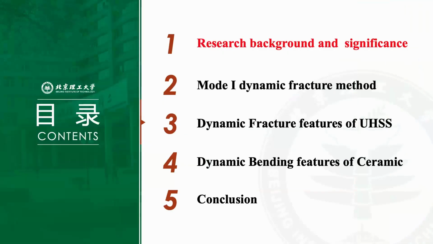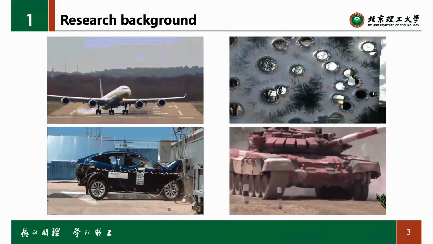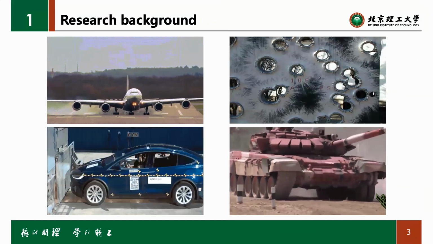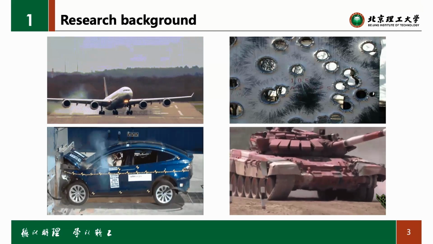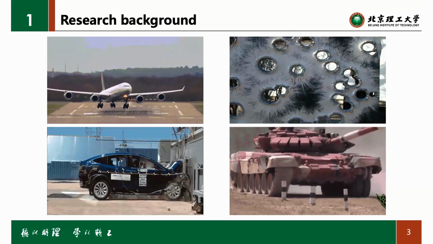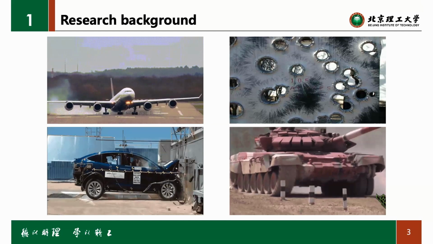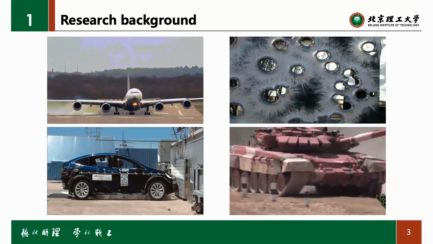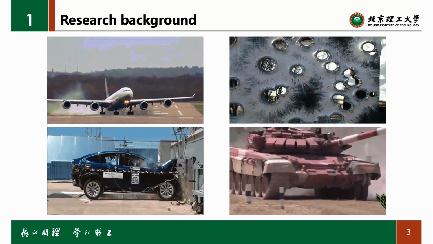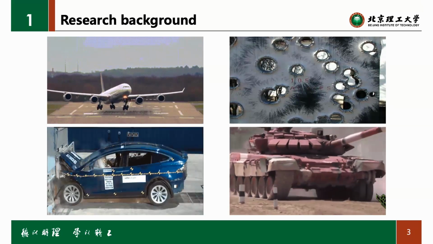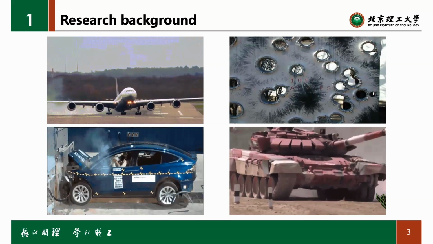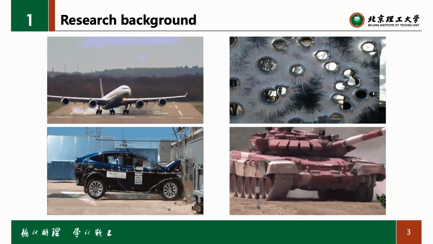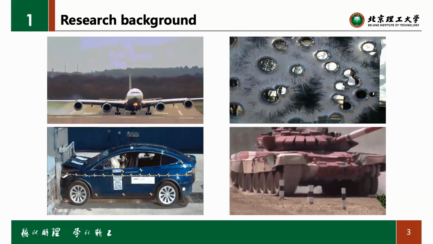The contents have five aspects. Part one is the research background and significance. Engineering structures and engineering materials such as hazardous steel and ceramic, which are used in aircraft, targets, cars, tanks and so on, are widely subject to dynamic loading.